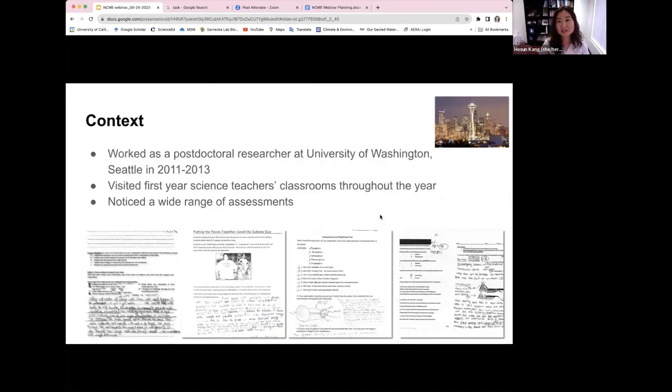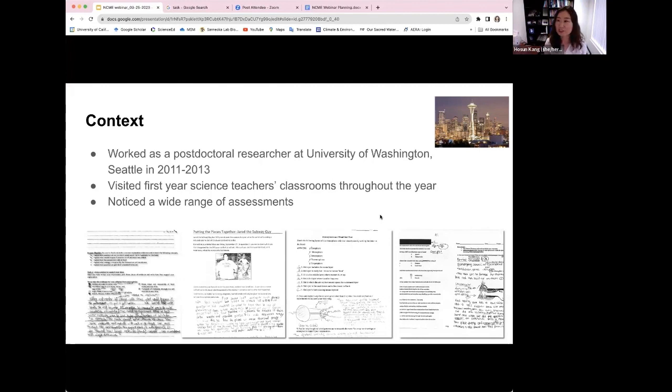The context of this story is part of my postdoc work when I started my postdoctoral researcher position at University of Washington. My job was visiting first-year science teachers' classrooms and collecting a lot of data just to understand how they approach science teaching and how their instructional practice relates to any part of the teacher preparation program.